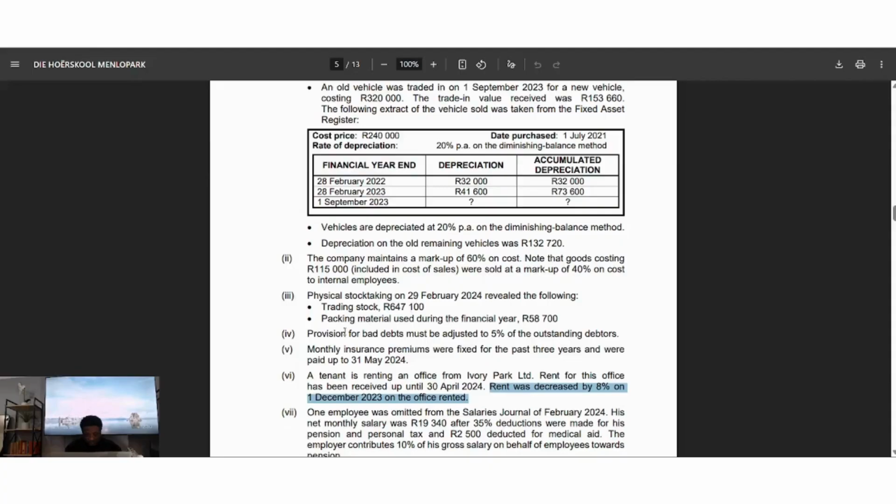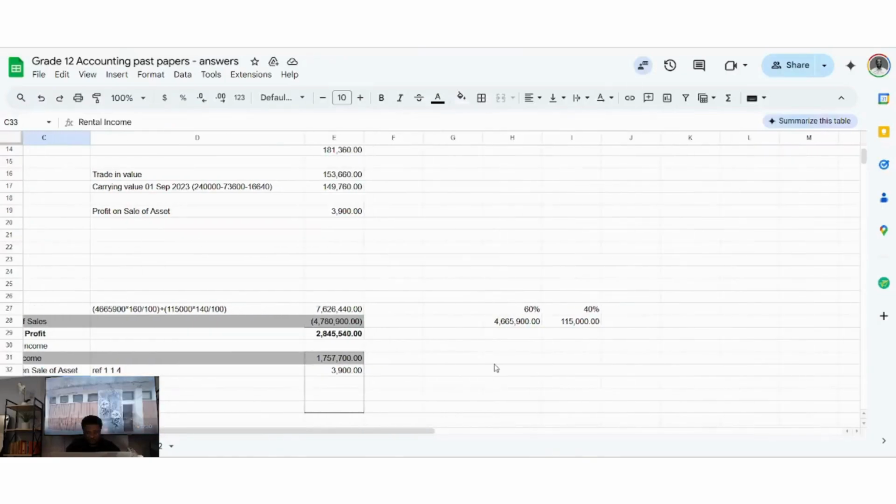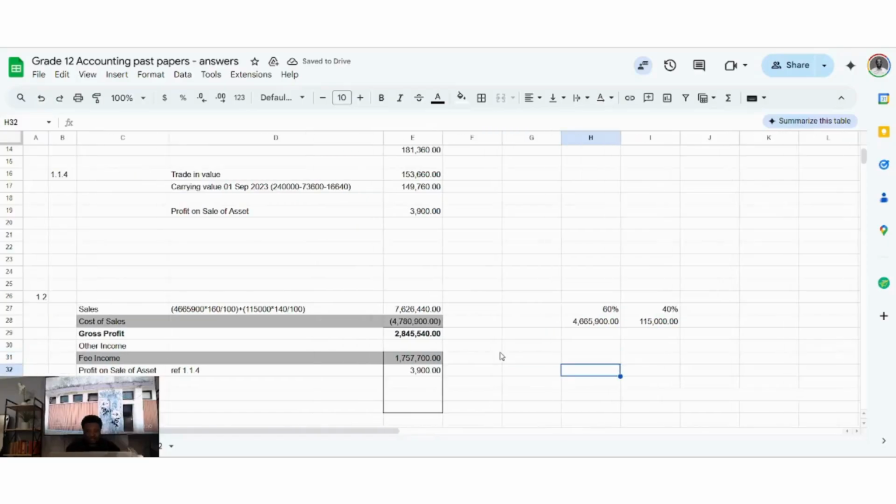Okay, so let's then see how we would work out the rent in this case. All right, so I'm going to do my workings right here. So let's think about our financial year as it relates to the rental income. So we got our financial year, right?